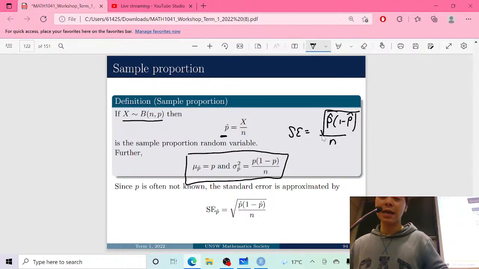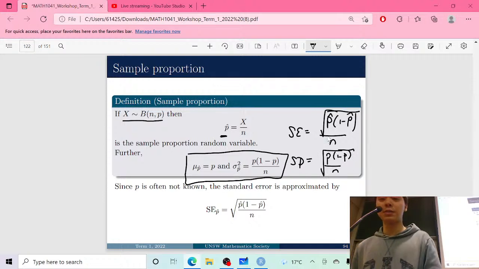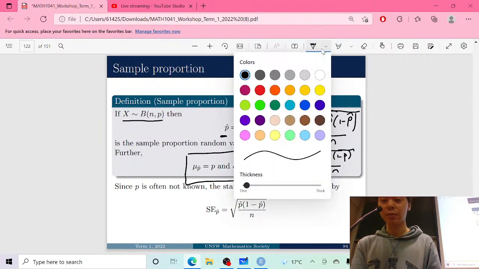The actual standard deviation, though, is the square root of p times 1 minus p divided by n. But we don't know what p is, right? So we can't evaluate the standard deviation unless we know p. Therefore, we can take a sample instead and estimate p with p hat, and we get what we call a standard error. Cool.